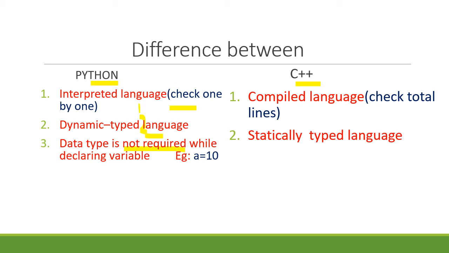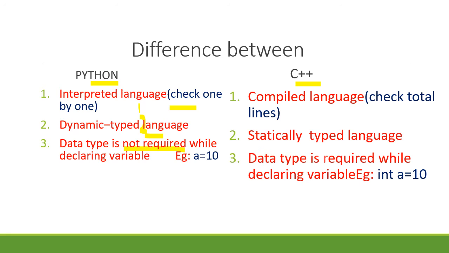For example, here we can't give any data type, so simply we can write a equal to 10. But in C++, the data type is required while declaring a variable, so you write int a equal to 10. You must declare the data type. Here a equal to 10 has the data type integer, but in Python we don't give it.